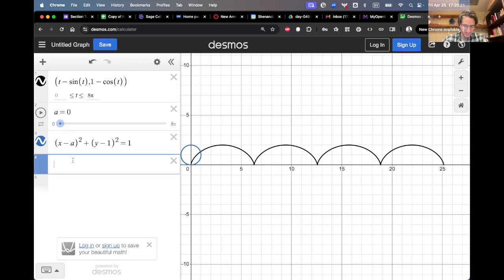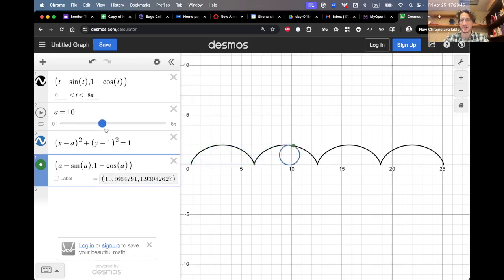Okay. And then A is acting like my t again. So the coordinates of the bug are going to be A minus sine of A, comma, 1 minus cosine of A. So there's my bug. And so we can see how my bug rolls along, which is very fun, on this bike tire.